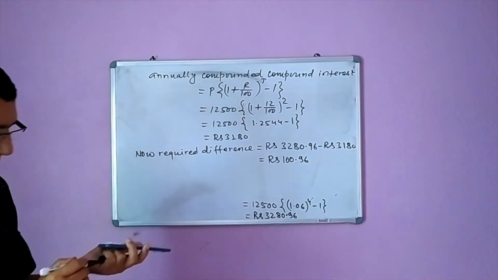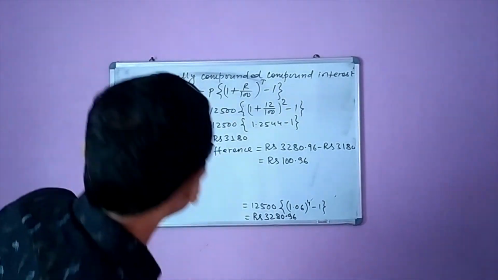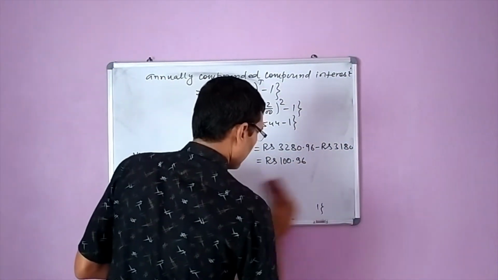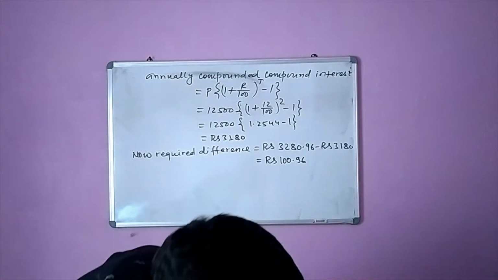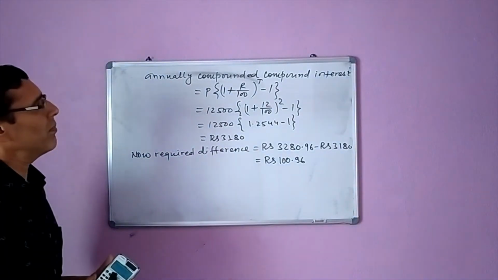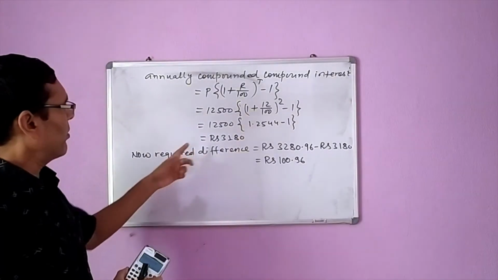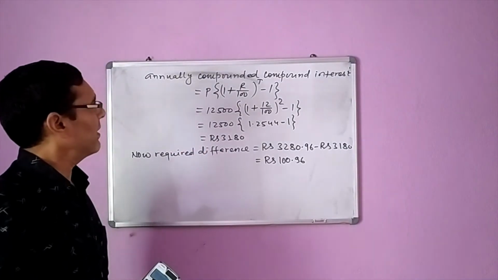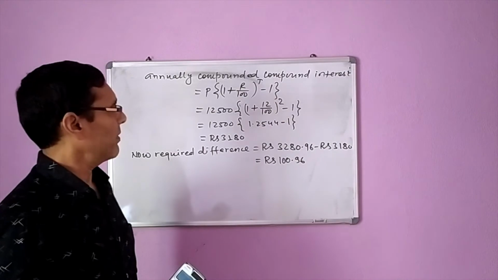So this is the required difference between the semi-annually compounded compound interest and annually compounded compound interest of rupees 12,500 for 2 years at the rate of 12% per annum.